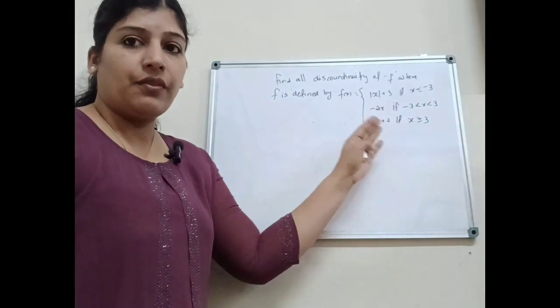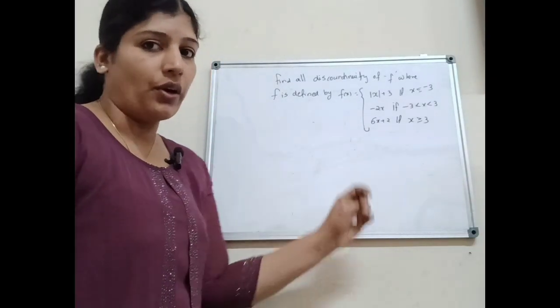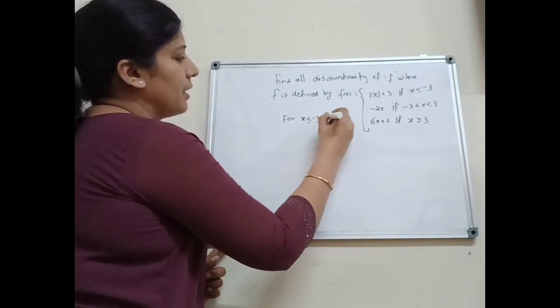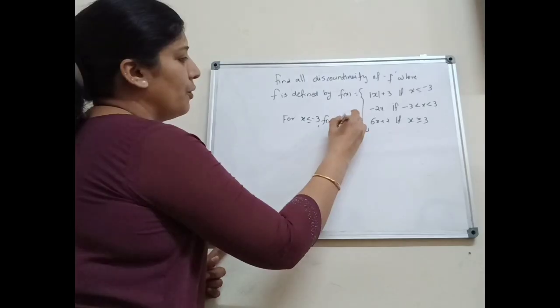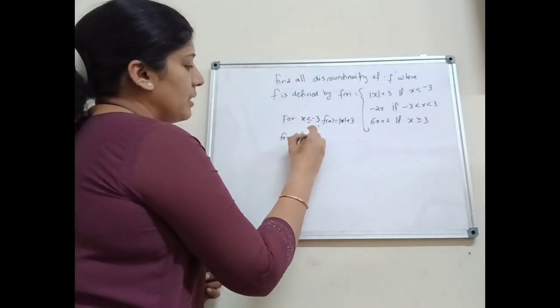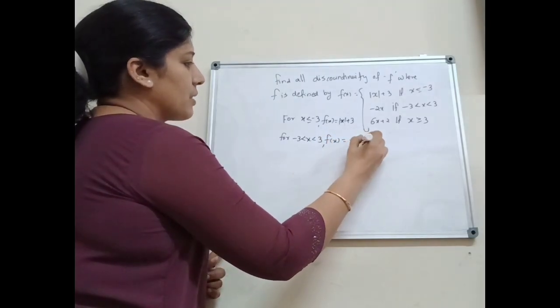First we have to check at x equal to minus 3 whether the function is continuous or not. First one, for x less than or equal to minus 3, f of x is what? f of x equal to mod x plus 3. Second case, for minus 3 less than x less than 3, f of x is equal to minus 2x.